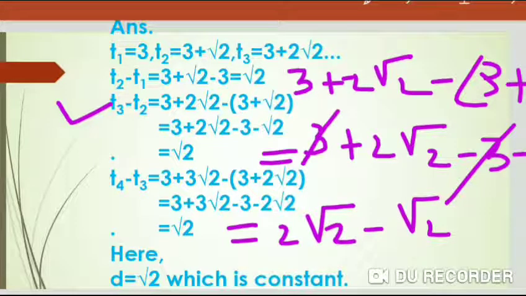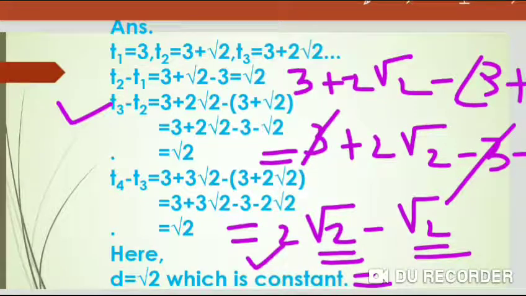Now see here, root 2 is common. Here we take this 2, see this minus sign, and here there should be 1, and this root 2 is common.